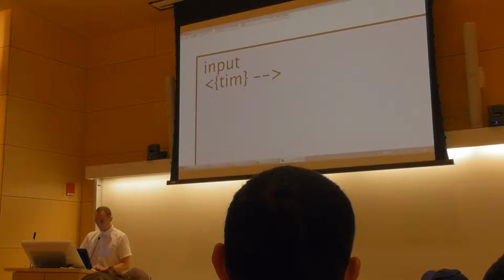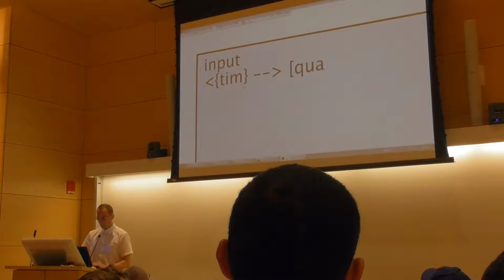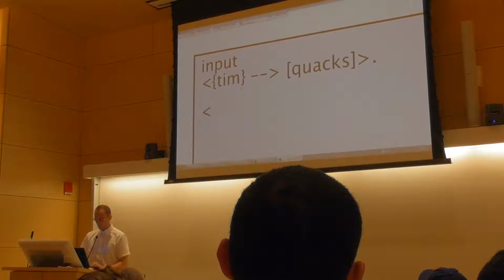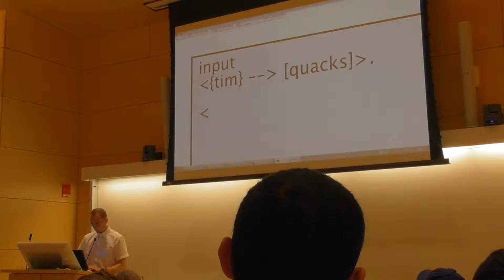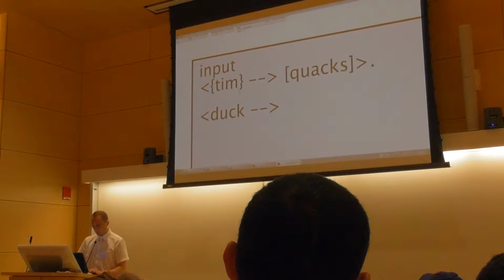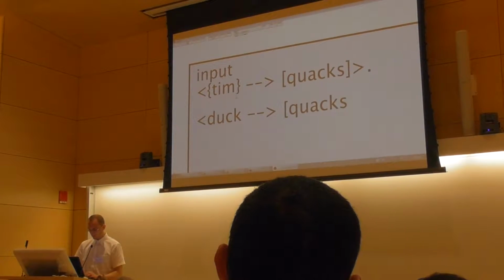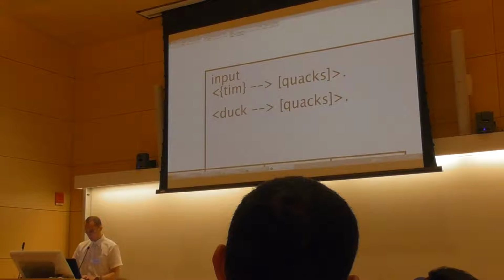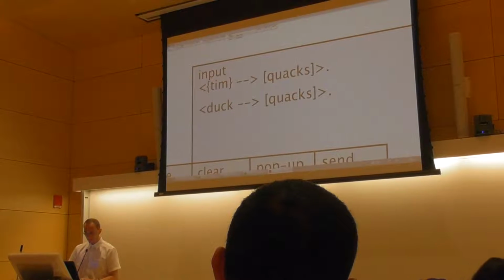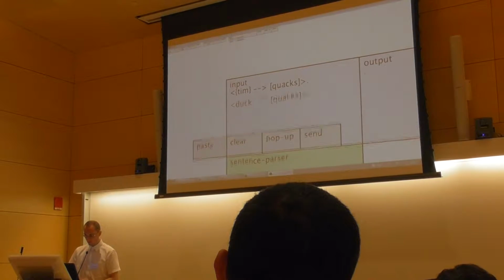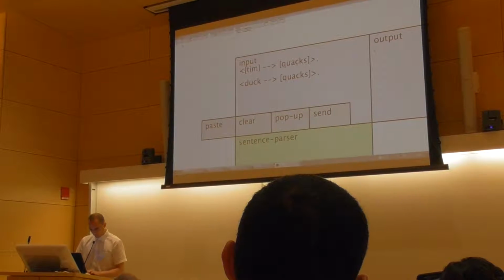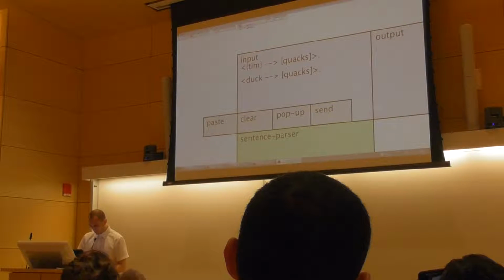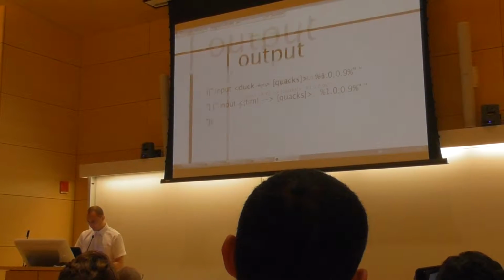So if we say, for example, dim quacks, and we say additionally duck quacks, then we see a first use case for the abduction rule. Let's send this to the system.